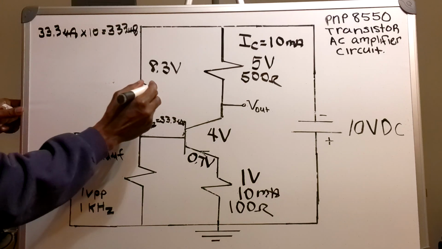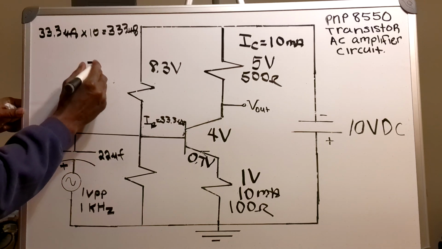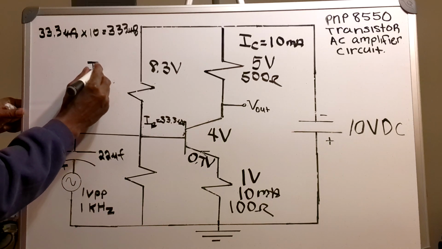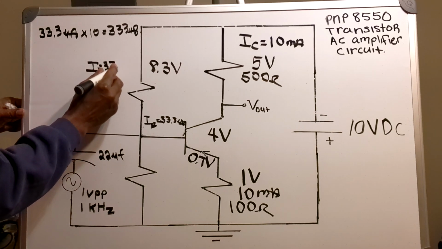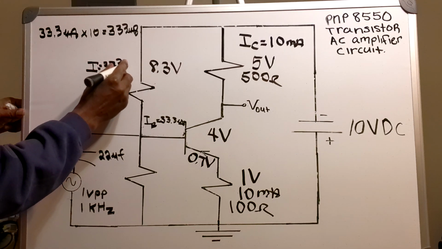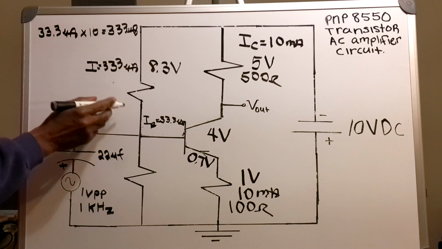So now I'm going to have a current of 333 microamps flowing through my base resistor.